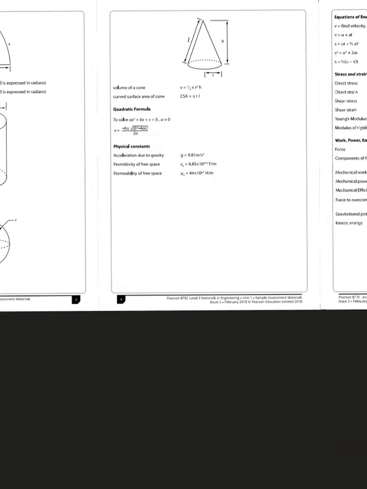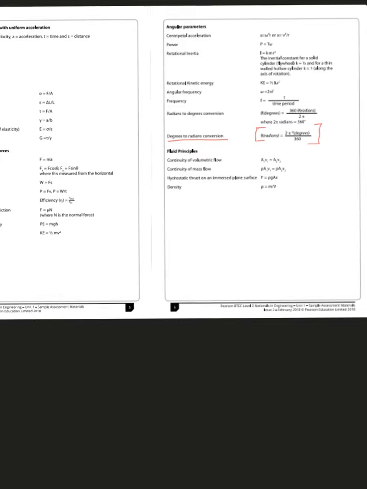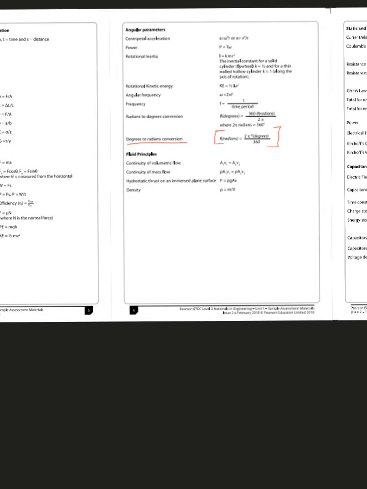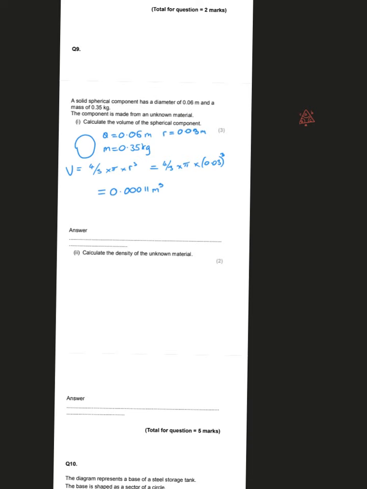So up in here, see what it tells us about density. So density, the symbol rho, is equal to mass over volume.